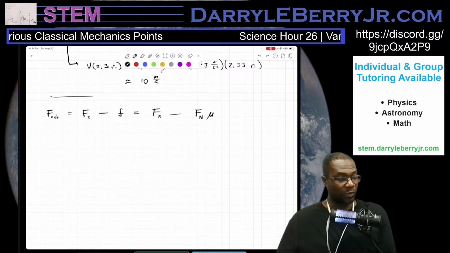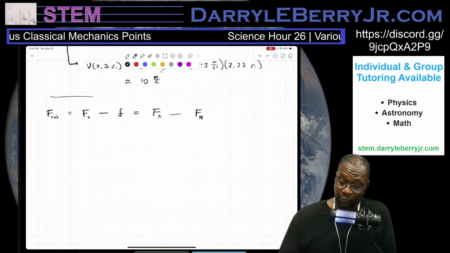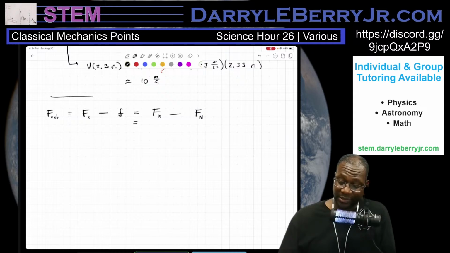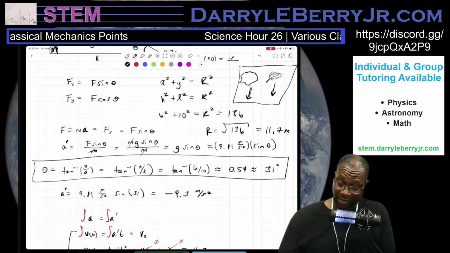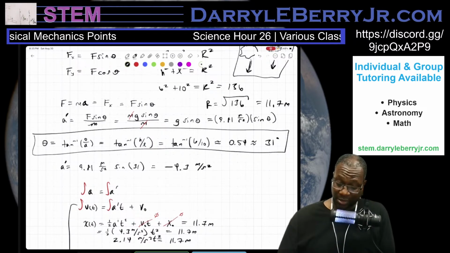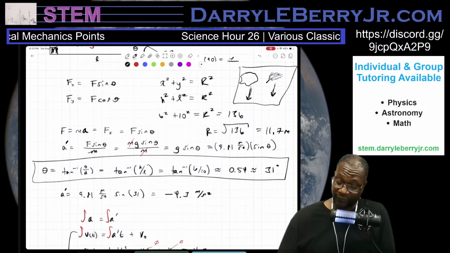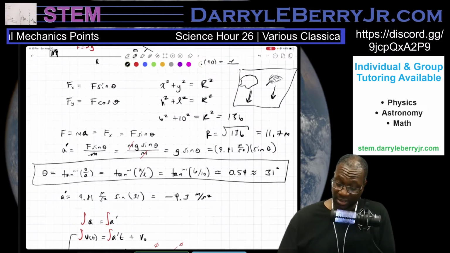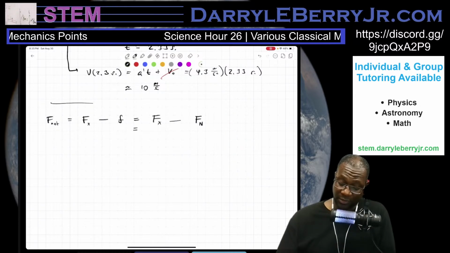So to get the new net force acting on the object, we add these things together. We know what Fx is; we calculated that earlier. Then go ahead and calculate the acceleration now.